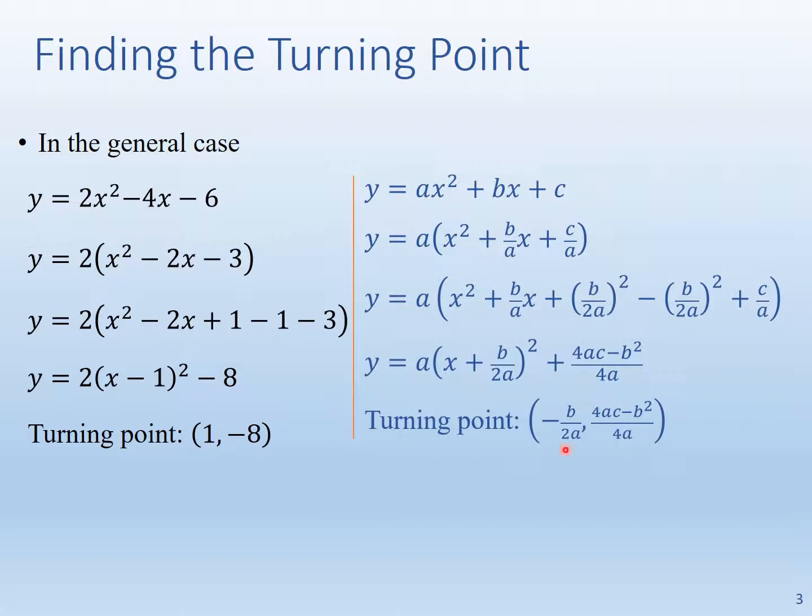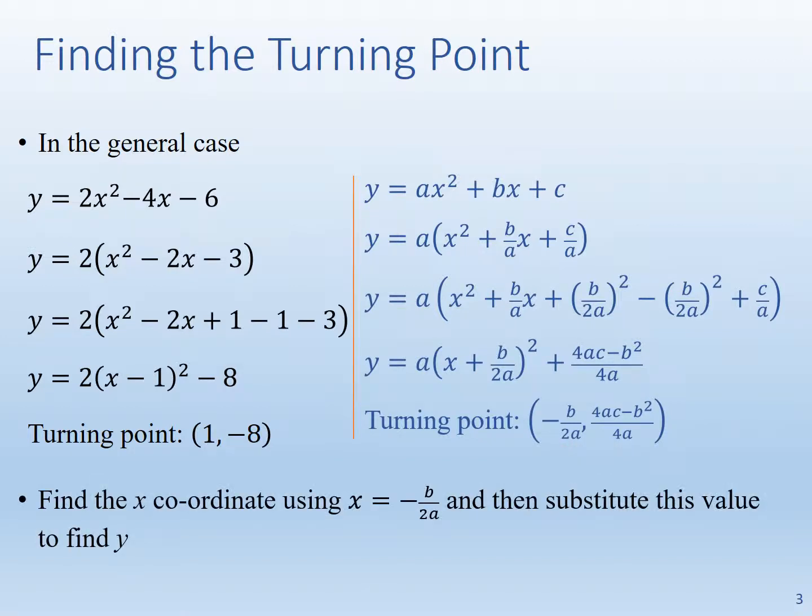So the turning point will always occur when x is equal to -b over 2a. And in practice, rather than trying to memorize this formula for y, we can simply work out what the value of y is when x is equal to -b over 2a to find our turning point.